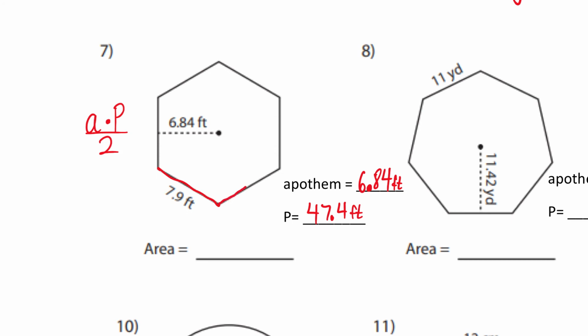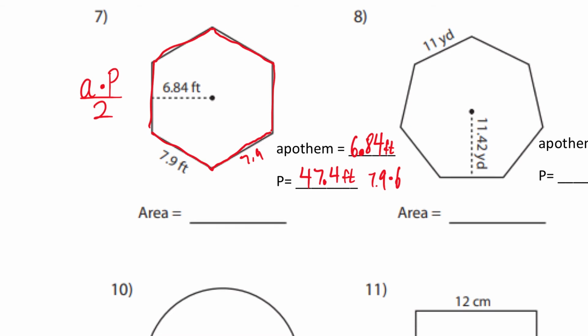Okay, good, because perimeter is adding up all these edges, so 7.9 times 6 gives you that. So we're doing the apothem, 6.84 times the perimeter of 47.4 divided by 2. 162.11, I think. There you go.